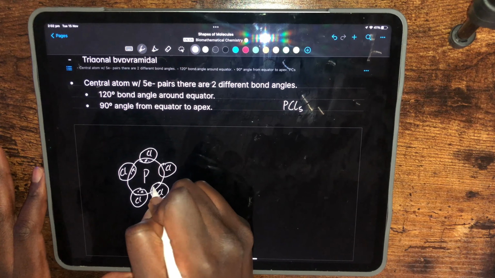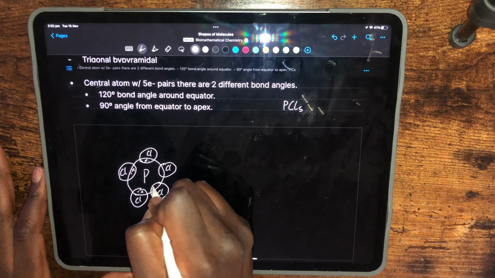So how would they actually represent this compound? We have our central atom, we know there's 5 bonding pairs, no lone pairs. And that's a total of 5 electron pairs.